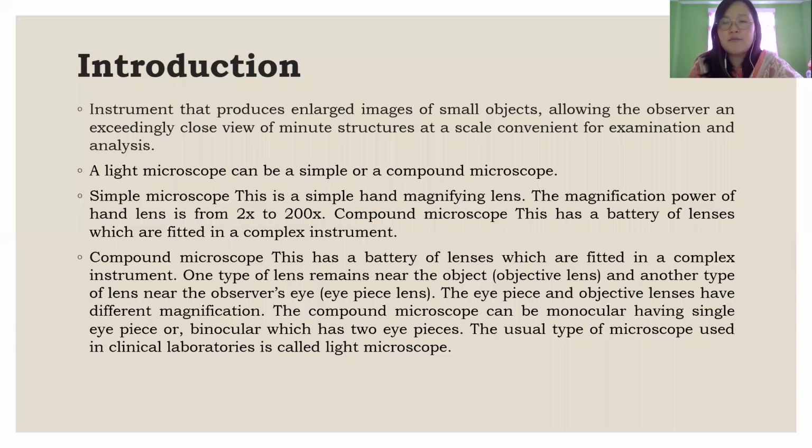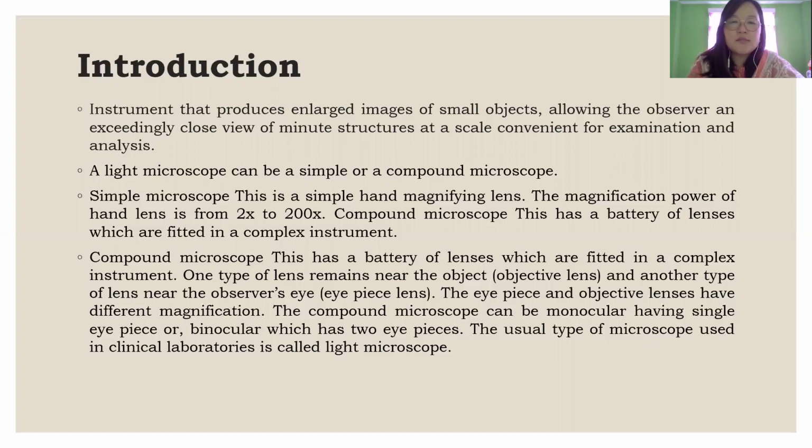There are different divisions too. Under compound microscope, we have the phase contrast microscope and the fluorescent microscope. But in this video we're going to concentrate on the compound microscope.